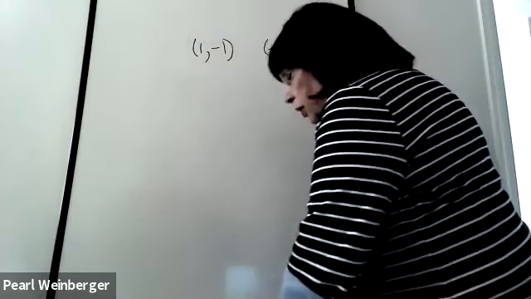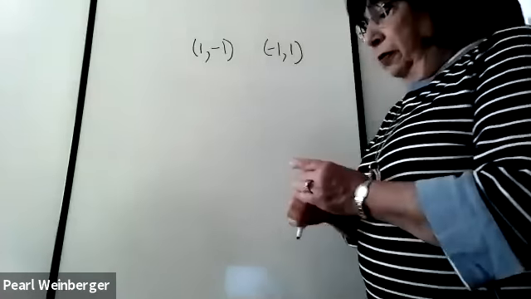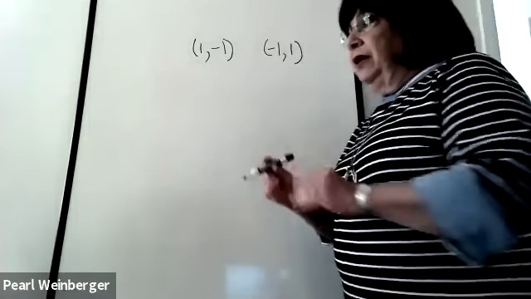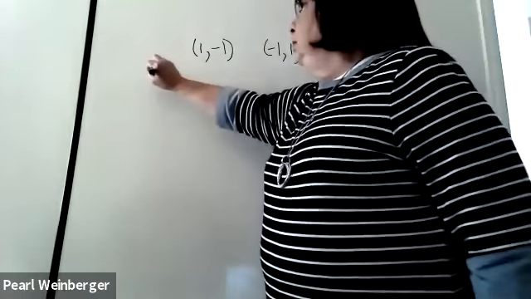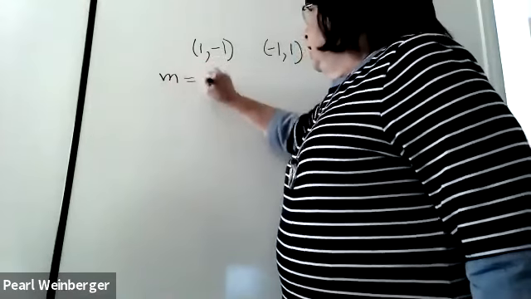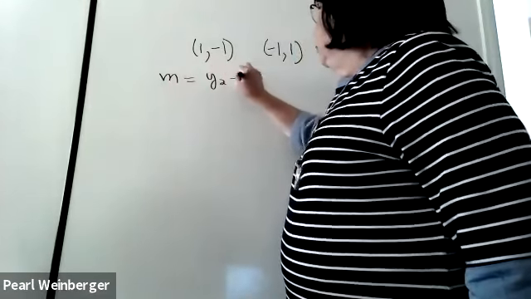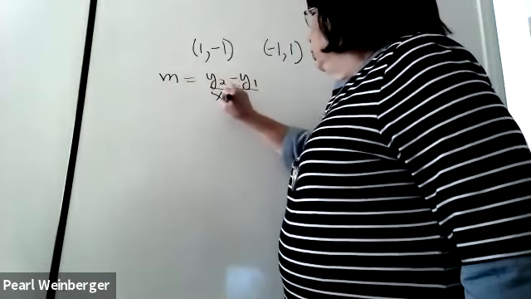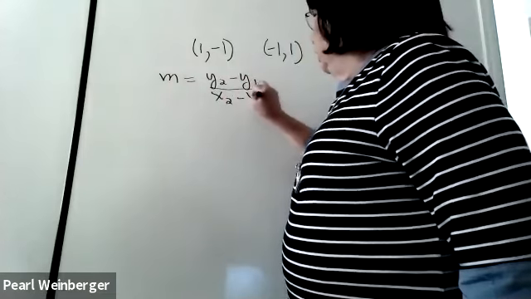We have 2 points. We want to find the slope of the line between the 2 points. And we said if we have 2 points, we can use the formula for the slope. We call it m. The slope is y2 minus y1 over x2 minus x1.